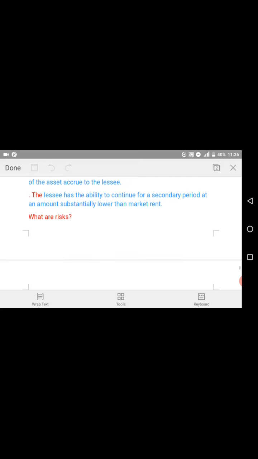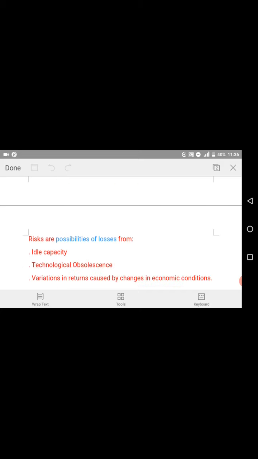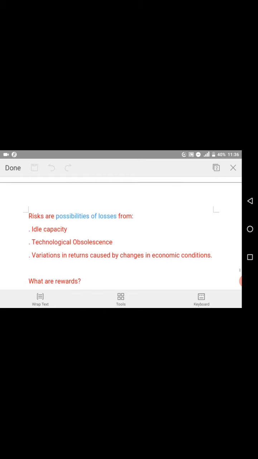Then what are risks? Risks are possibilities of losses from: first one, idle capacity; second one, technological obsolescence; third one, variations in returns caused by changes in economic conditions. What are rewards?